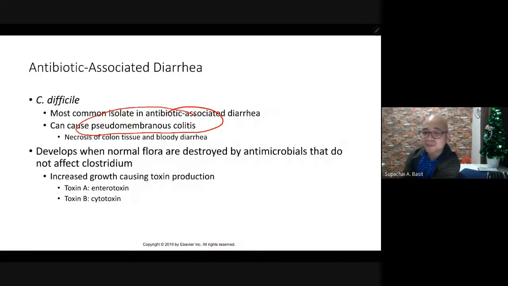So the Clostridium will produce two types of toxins. Toxin A is also known as the enterotoxin, and the other virulence factor is toxin B. Toxin B is an example of a cytotoxin.